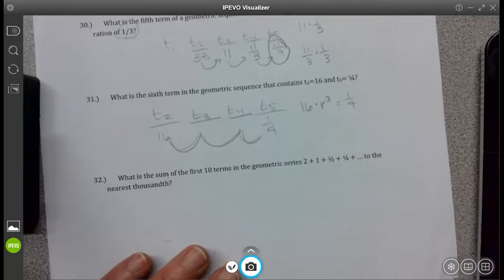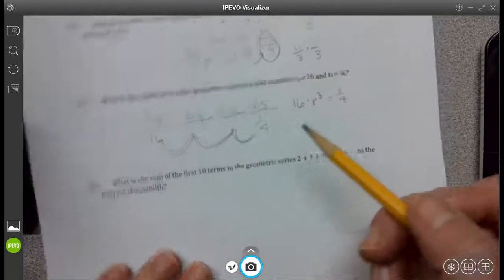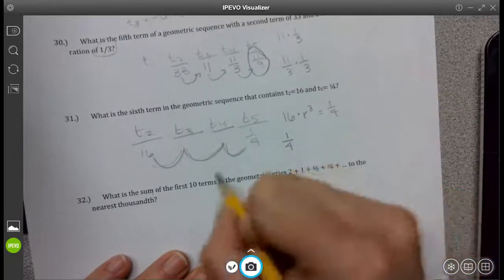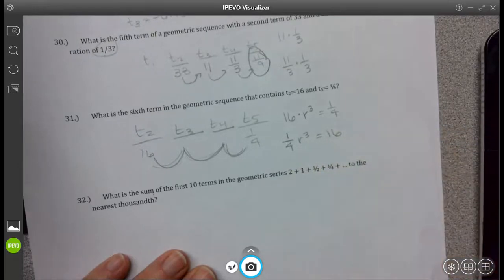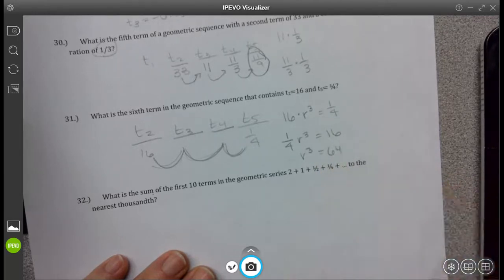Or we could work backwards and say, how do I get from a fourth to 16? I like that better. Let's start with a fourth and work backwards. How do I get to 16? I'll multiply both sides by 4. I get 64. And what's the cube root of 64?